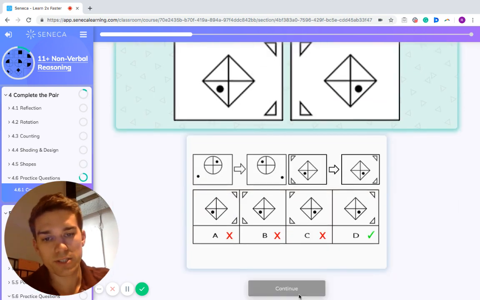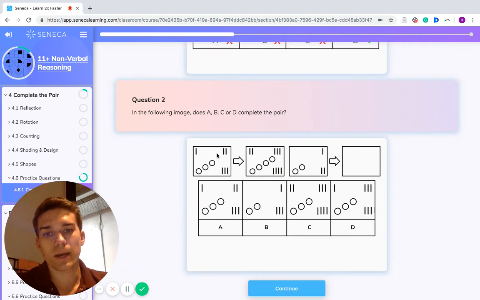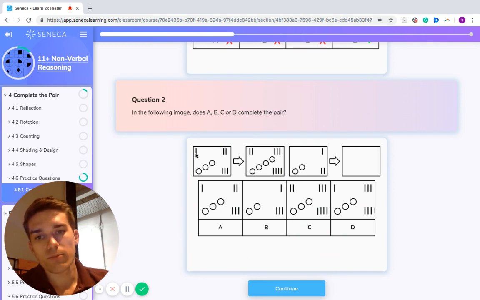Okay, onwards. So in the following question, does A, B, C, or D complete the pair? So we've added an extra circle, and we've also added an extra line to each of these bits in the corners. So basically adding 1 to each section.